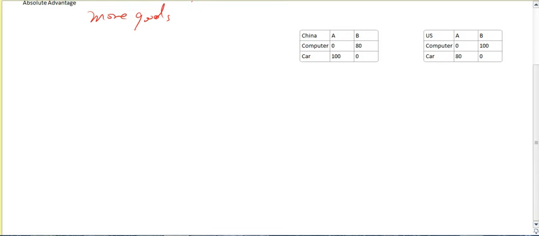China, at maximum, can produce 80 computers, and America, at maximum, can produce 100 computers. So we say the US has an absolute advantage in computers.